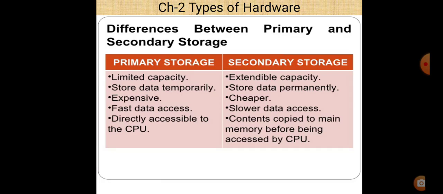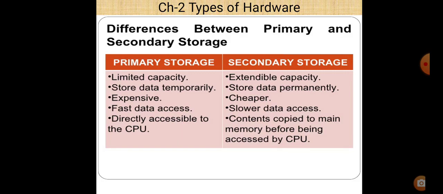Using primary storage, we can access data in a very fast manner, while secondary storage is much slower. Primary storage is directly accessible to the CPU, but secondary storage is not directly accessible by the CPU. Its content is copied to the main memory before being accessed by the CPU.